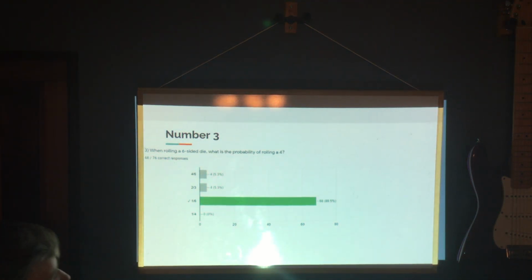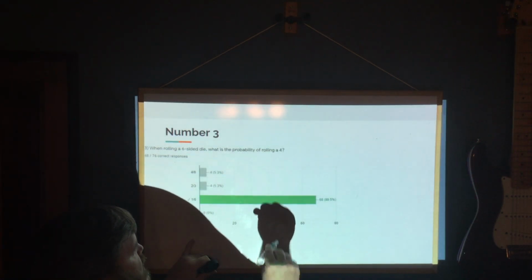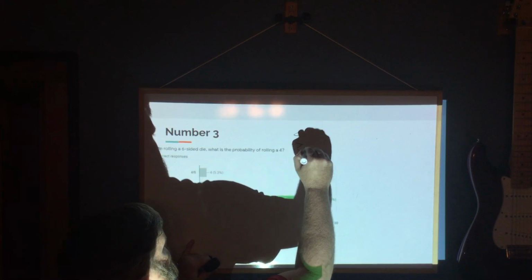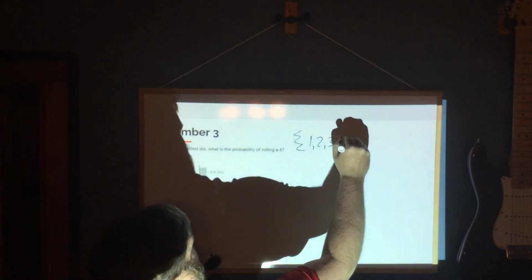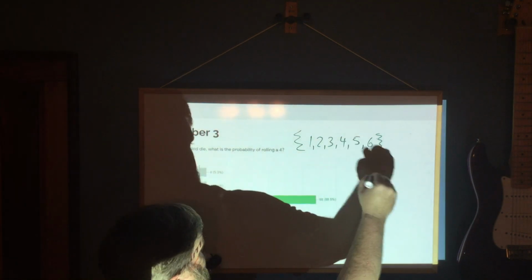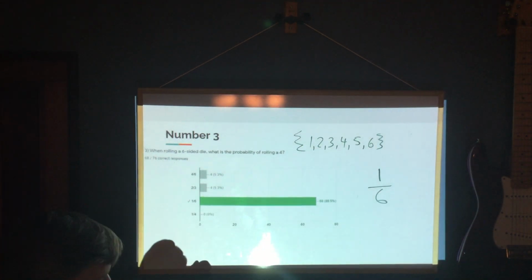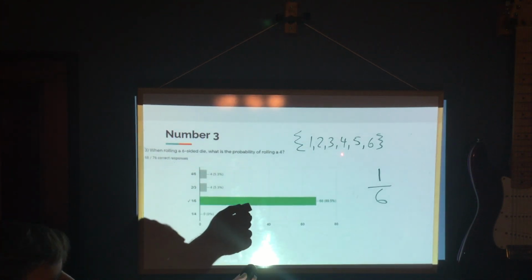So the number of desired outcomes is what goes in the numerator. If you look at the sample space, which we just said was 1, 2, 3, 4, 5, and 6, there's only one 4, so the probability is 1 out of 6, not 4 out of 6. There aren't four 4s, there's just the one right there.